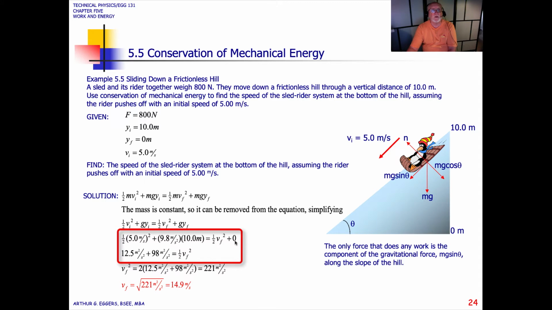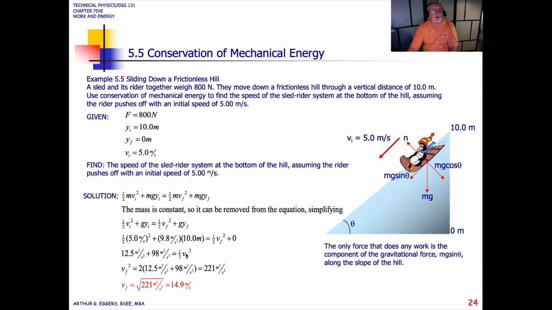And we know that at the bottom of the hill, mgy is going to be 0. So it starts to simplify very quickly for us. So we've got 12.5 meters squared per second squared, plus 98 meters squared per second squared. That's nice. We've got units that match, so we can add the two together, which is equal to 1/2 final velocity squared.